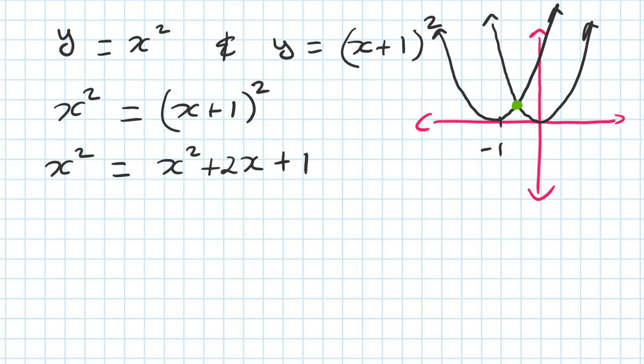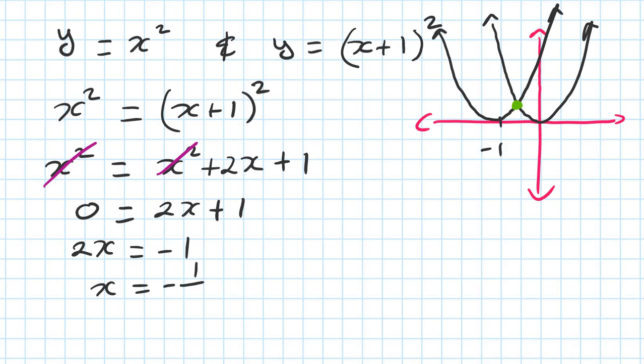Then the x squared cancels out, I can minus x squared from both sides. So 0 is equal to 2x plus 1. I move the 1 to this side, negative 1 equals 2x. I divide both sides by 2, so x equals negative a half.